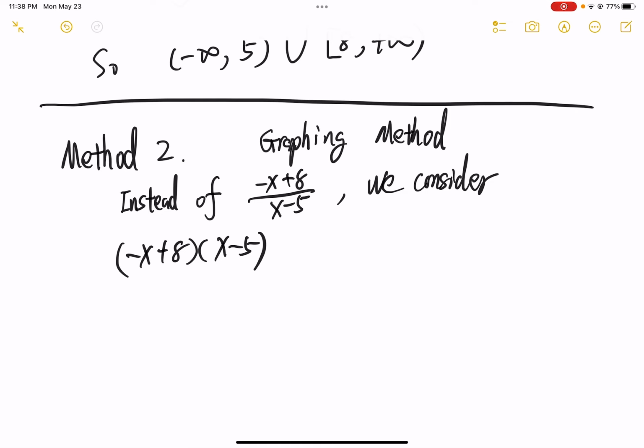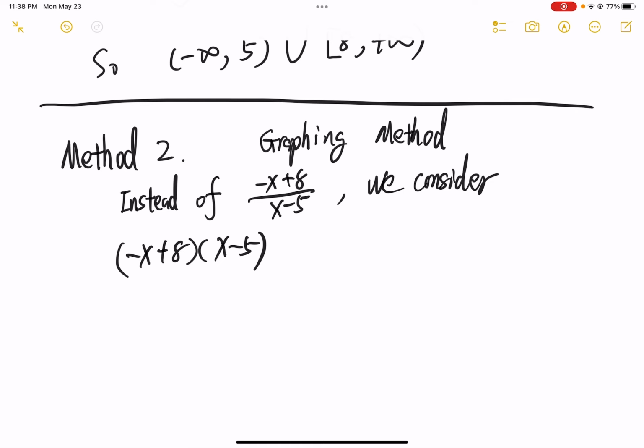So if we divide by a number or multiply by a number, it will not change the sign, right? If you divide by a negative number, it's always the same as multiplying by a negative number. If you divide by a positive number, the sign should be the same as you multiply by a positive number, right?